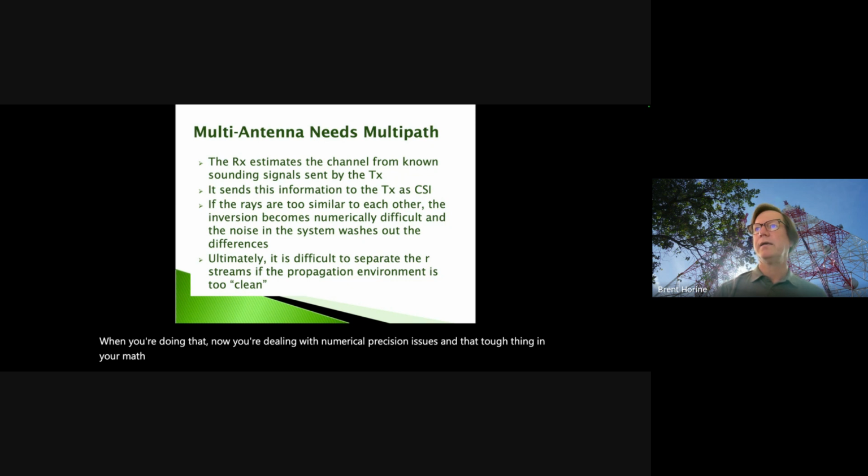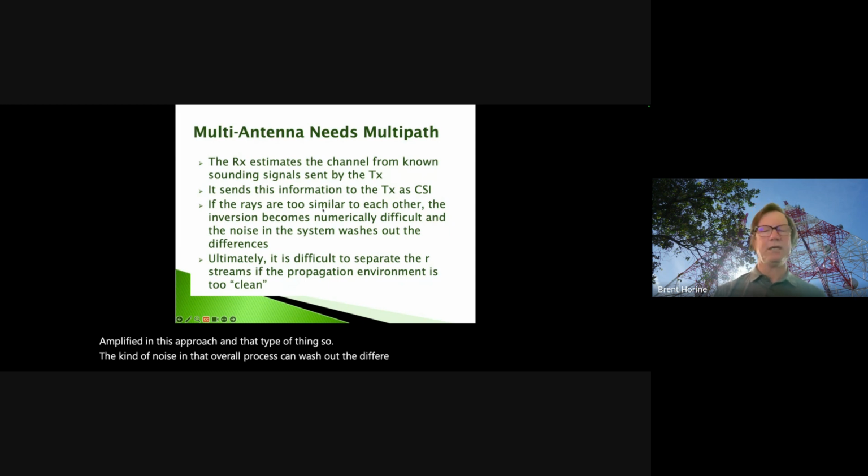And if you have some measurement inaccuracies here, then they can get amplified in this approach. So the noise in that overall process can wash out the differences between each of these rays.